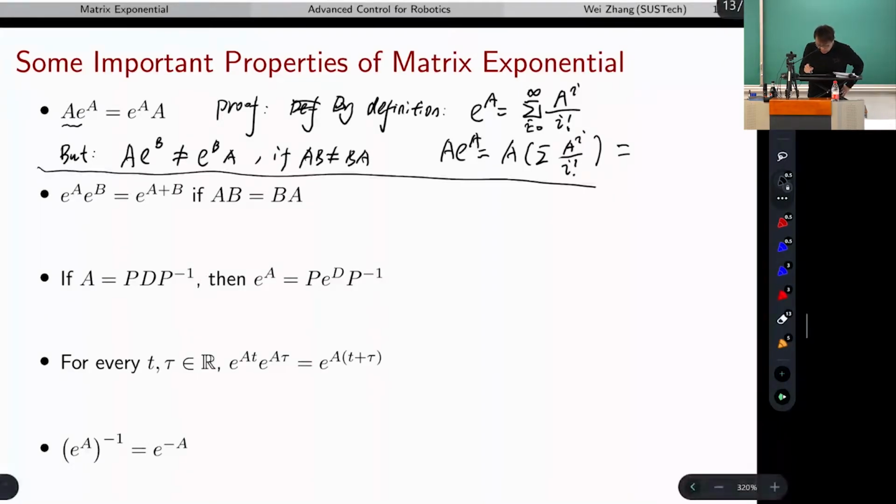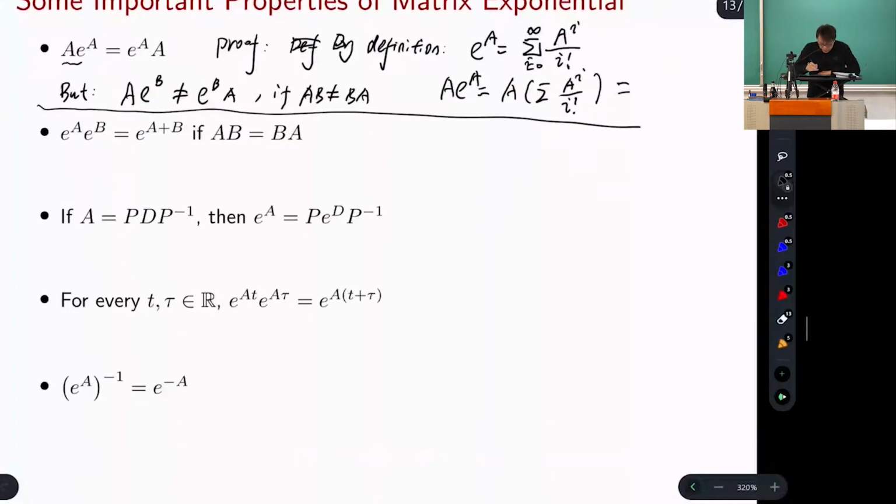This is simple. And the second one is a little bit harder. I will leave that for later. For the third property, by definition, let's say A is equal to P times D times P inverse. Therefore, what's the relation between A and D?